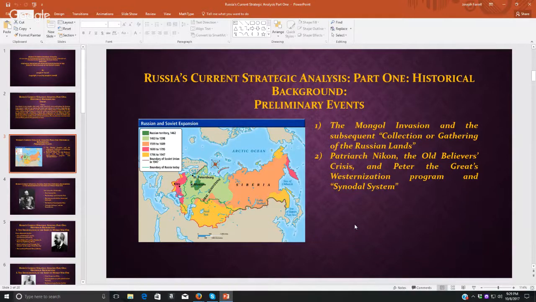So Peter also understands that as long as it's that powerful, it's going to be very difficult for the Russian Empire to maintain its connection and roots to the rest of European civilization. So he begins a westernizing program, and part of this program, of course, and again, folks, I'm vastly oversimplifying, but part of this program is to bring the church under the umbrella of the Russian state itself.